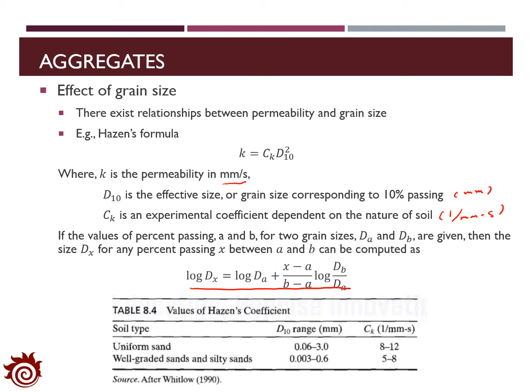With that, we can find the grain size of any percentage passing based on two known grain sizes of given percentage passing.